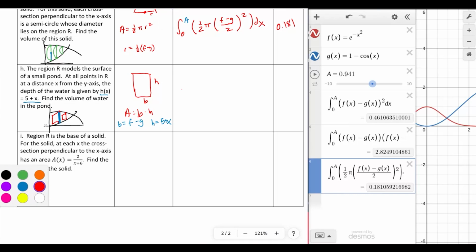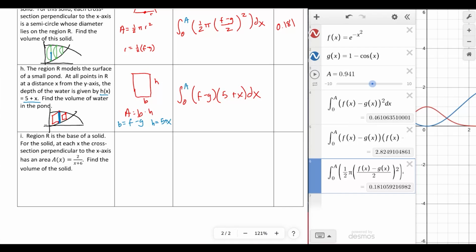All right, so we've got the integral from 0 to a of f minus g, that's the base, times the height, 5 plus x. Because the height's defined in the problem as just being 5 plus x. The reason why it referenced the f and the g before is because it was based on that distance. It was 5 more than the other side.